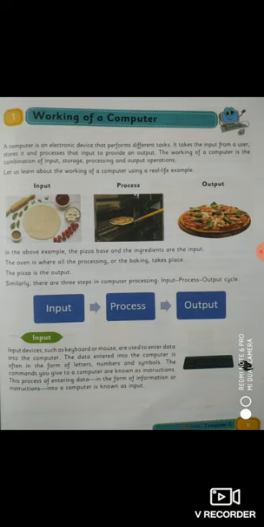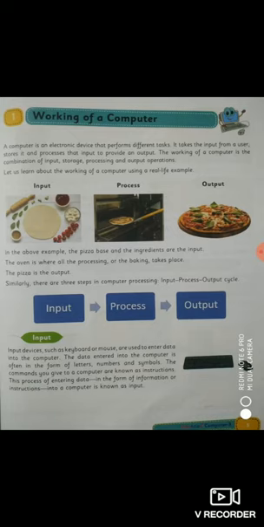A computer is an electronic device that performs different tasks. As we all know, we use computers in various fields, like I told you in the start. Schools, hospitals, colleges, banks, hotels, restaurants, many places. And all these places have different sets of work. So how does it work? It takes input from a user, stores it, and processes that input to provide an output.